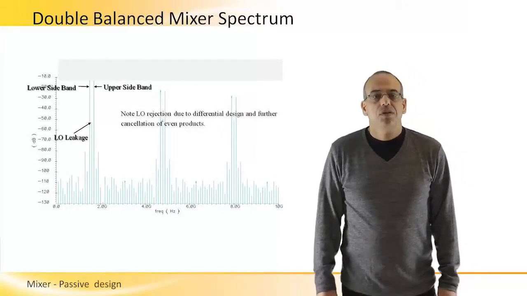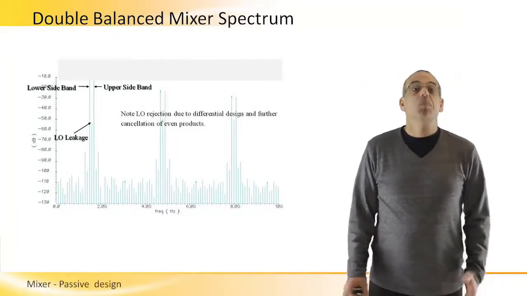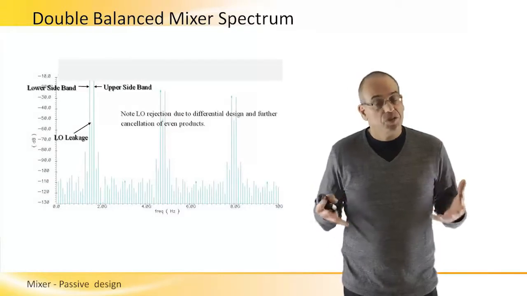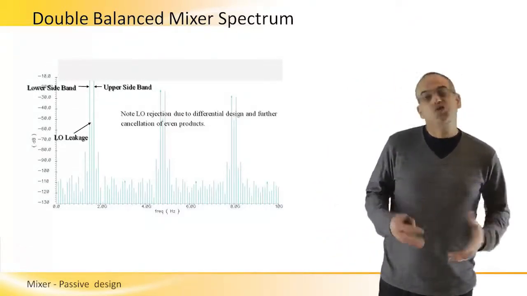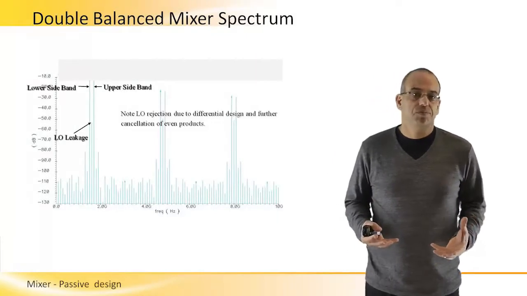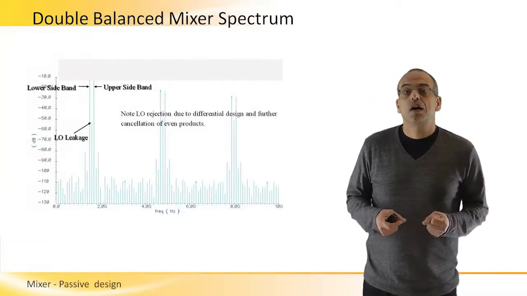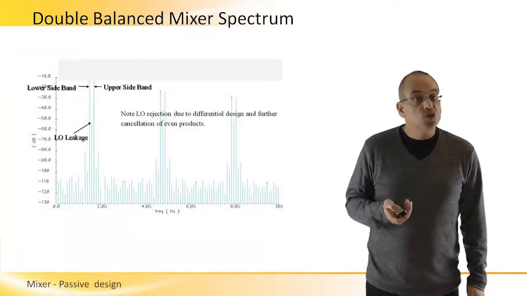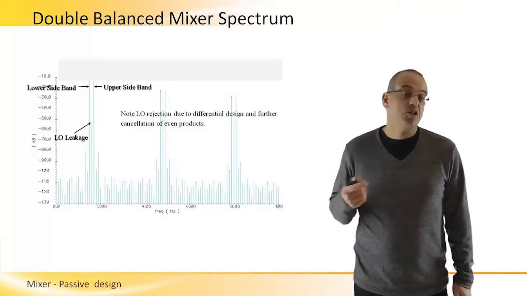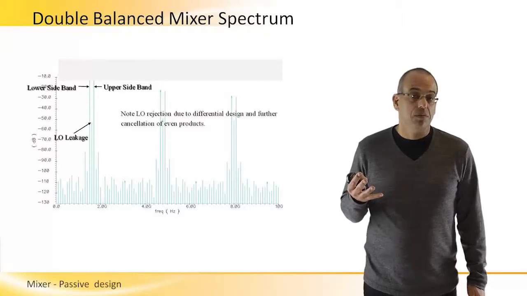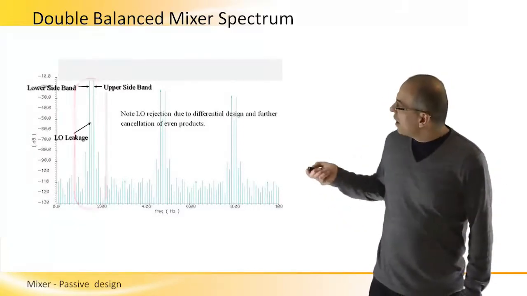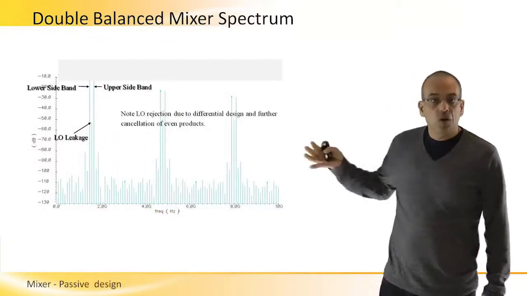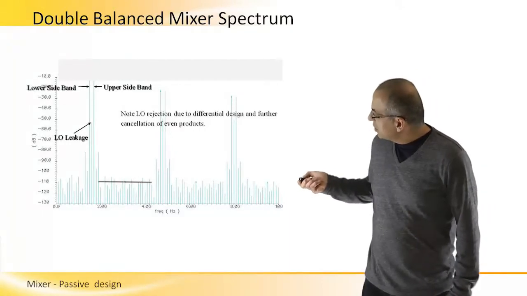Looking at the spectral performance of a double balanced mixer, and repeating the same or similar simulation conditions with real physical transistors biased correctly, we find the new spectrum, and we can compare it to the spectrum of just one switch. We get the fundamental, and we get the third harmonic and the fifth harmonic and so on. But what happened to the even harmonics?